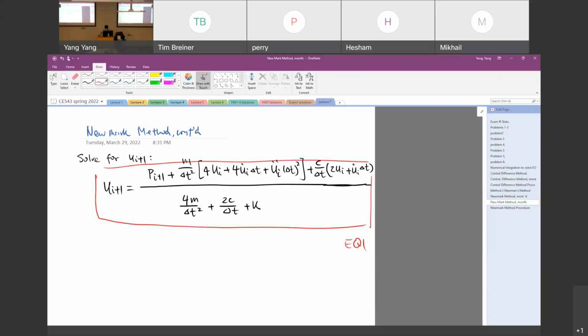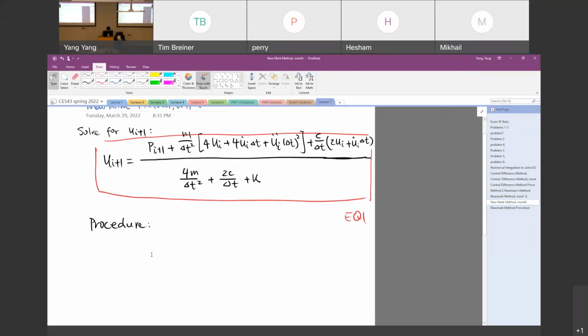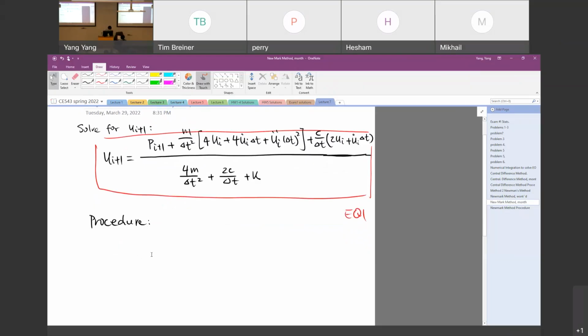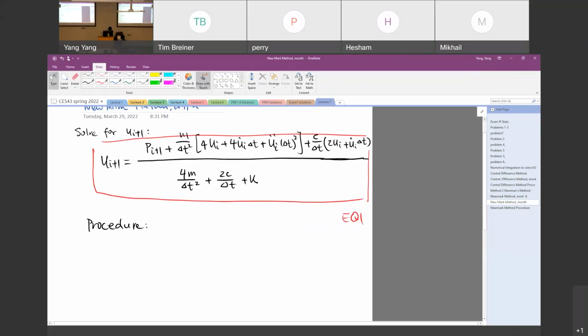As long as we have the procedure here, firstly we use equation one to calculate displacement at i plus one.